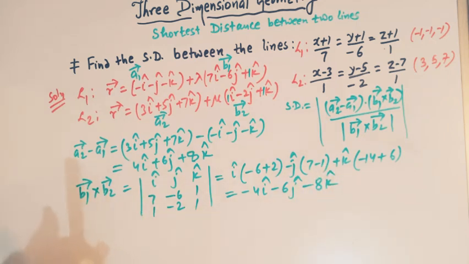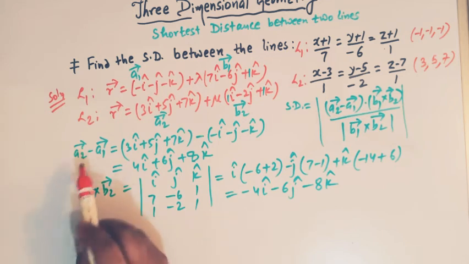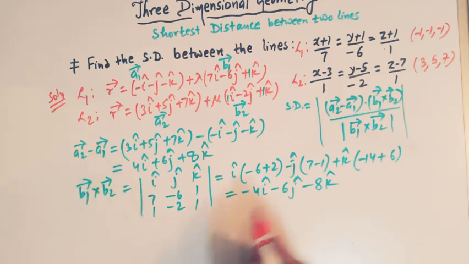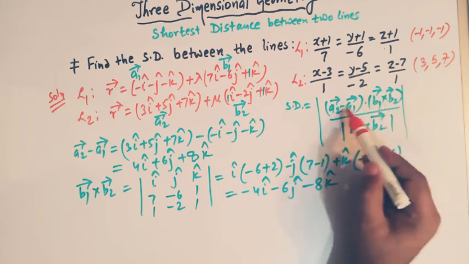Okay, now after finding these two vectors, we have to find the dot product of these two vectors.